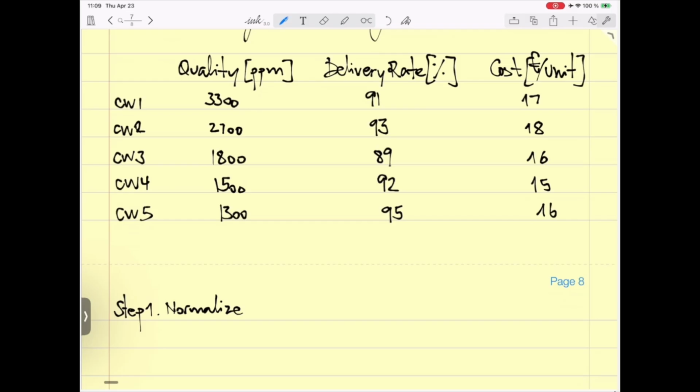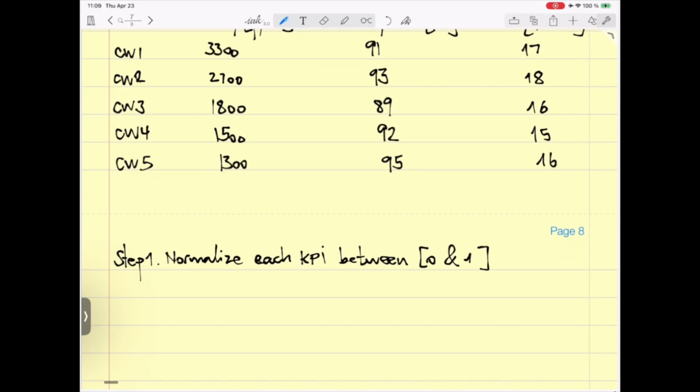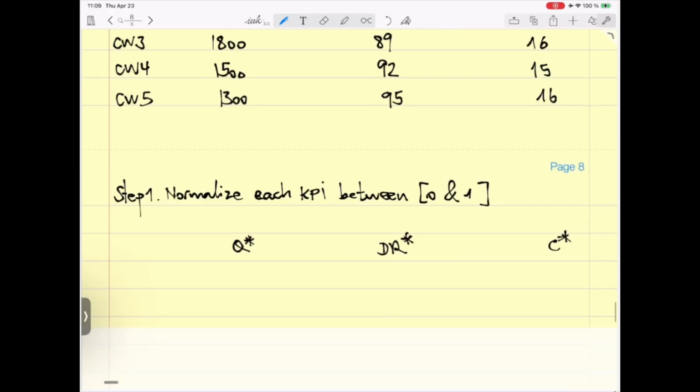In order to do so, we normalize each KPI between 0 and 1. So each one of the columns is normalized between 0 and 1 before we can even start comparing them. So Q star, delivery rate star, and then cost star.